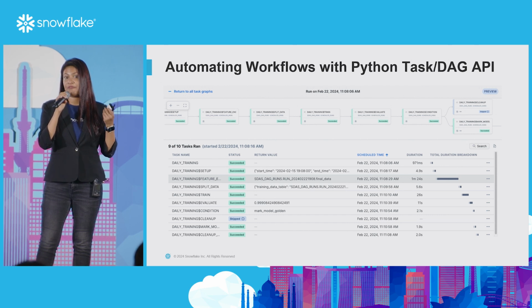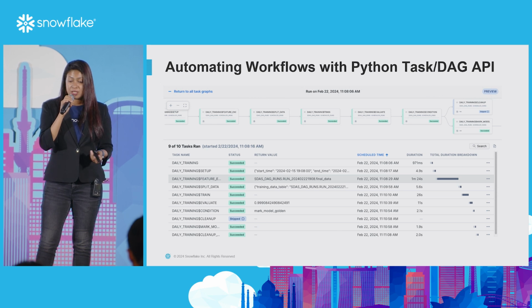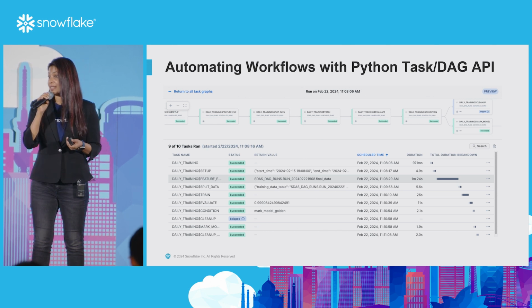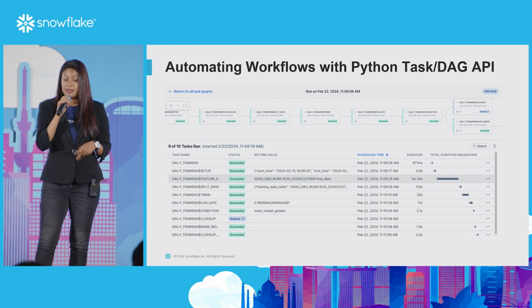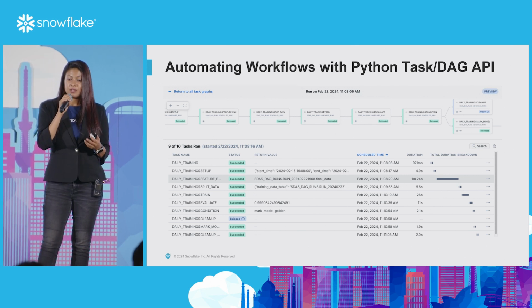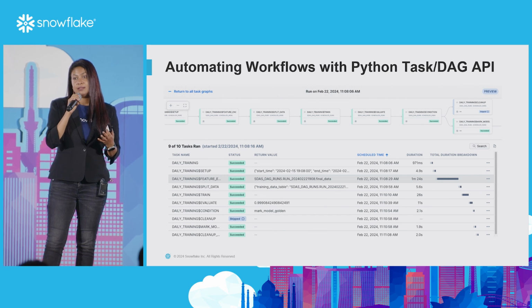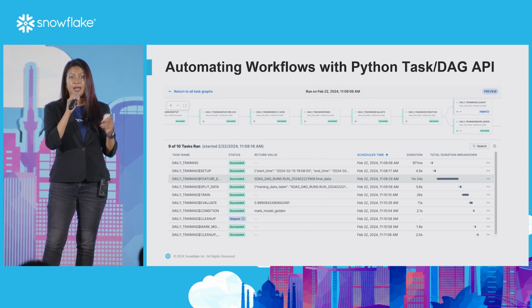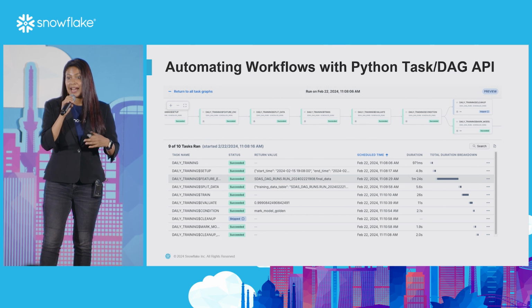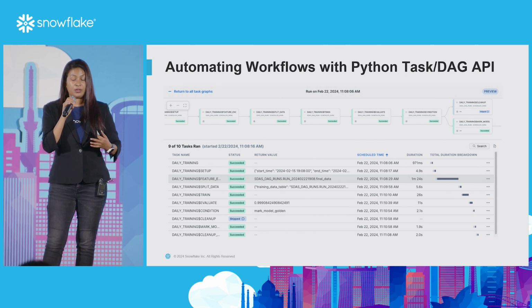All these things can be found in the UI, and it will also give you a clear description of all these details: how much time each of these tasks in the pipeline took to run, what the total duration was, what the scheduled time was in which the task was run, and also the return value if you want to check anything. For example, if my task 1 returned no, then I don't want to run task 2. So all these conditions, you can just take the return value and make a condition on top of that.